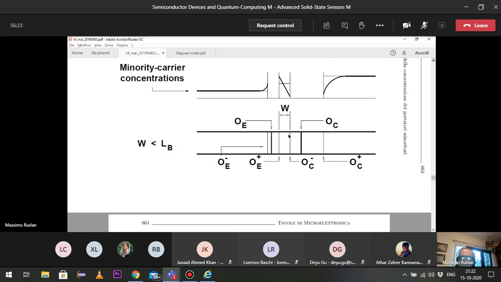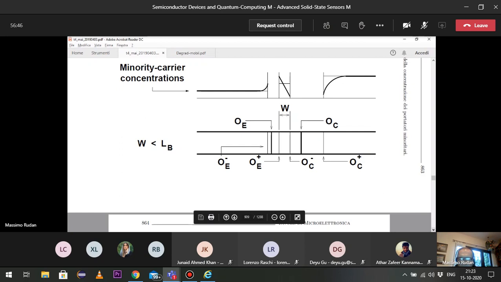You change the position of OC minus. You remember, because the width of that region depends on the bias, especially when we are in the reverse bias condition. Similarly, if you change the bias on the emitter junction, you change the position of OE plus.